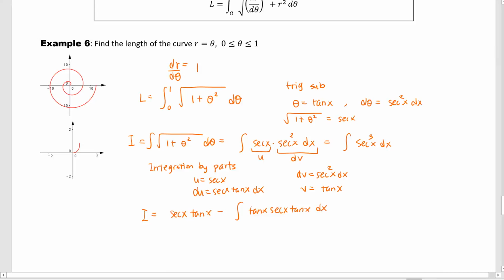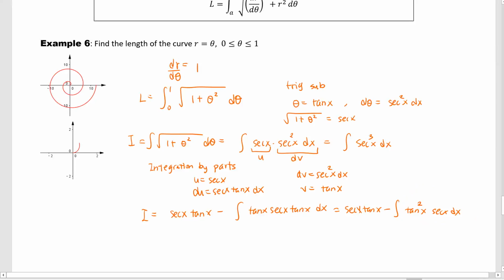So we get secant tangent minus the integral of tangent squared secant x dx. Okay, I don't know how to compute the integral of that.